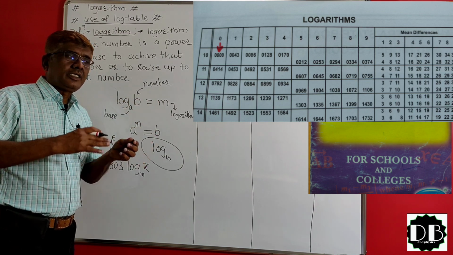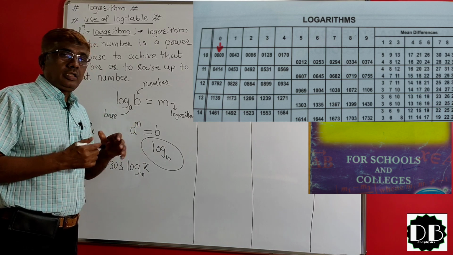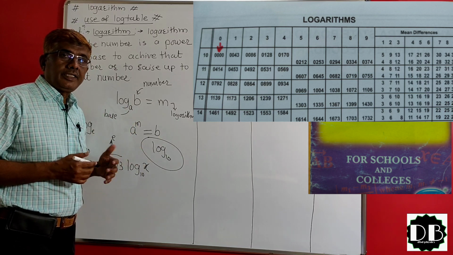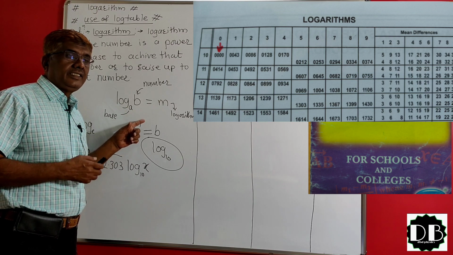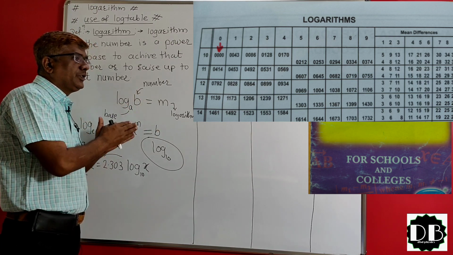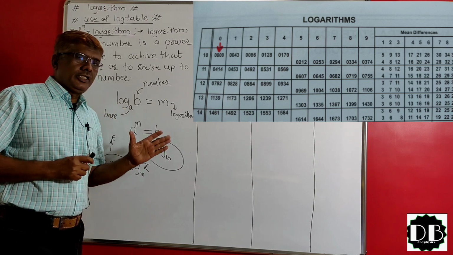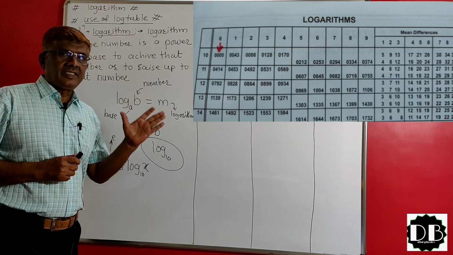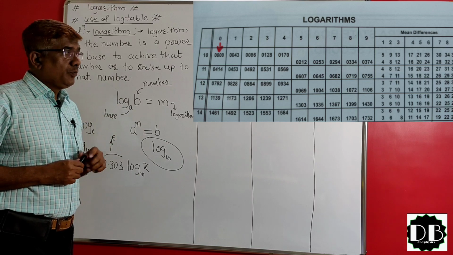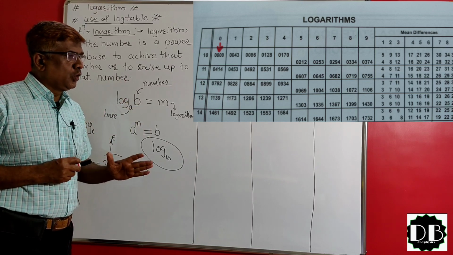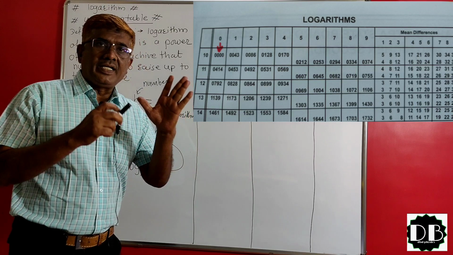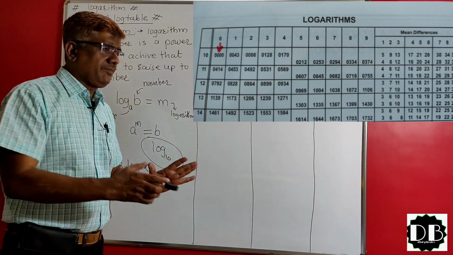This is general knowledge, but other numbers which are complicated cannot be found directly using the power, so we have to use the table for it. When we want to see the logarithm of any number in the log table, we first must know the character number of that number. This is the first step.